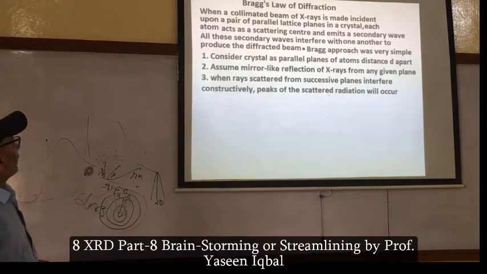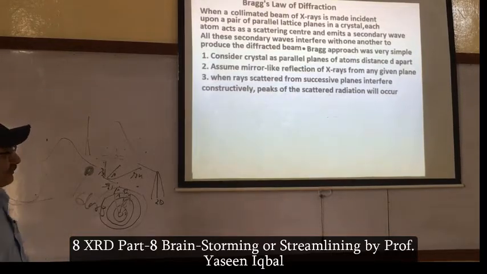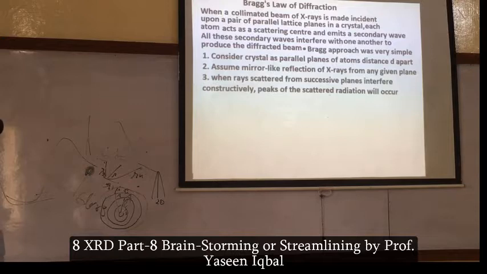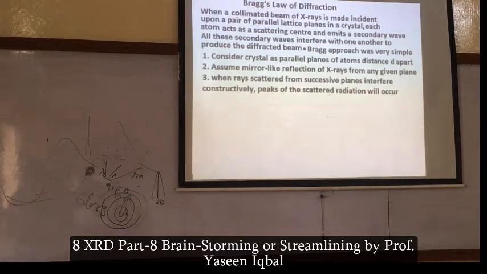So, Bragg's law of diffraction: when a collimated beam of X-rays is made incident upon a pair of lattice planes in a crystal, each atom acts as a scattering center. Now look into this.